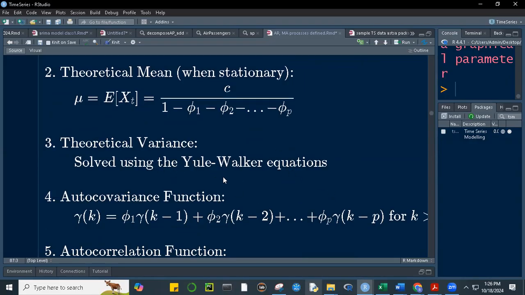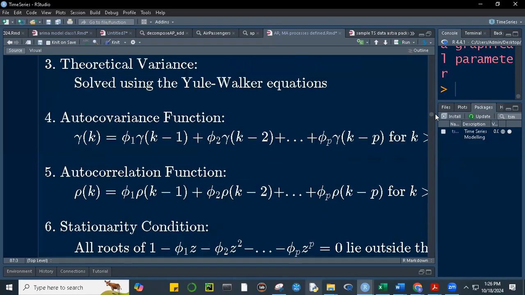It makes use of the Yule-Walker equations. Yule-Walker equations, class, are very important for computing the partial autocorrelation function, which I'm going to discuss in a while. So just remember the Yule-Walker equations are used for partial autocorrelation. It is a quite complicated formula for autocovariance and autocorrelation.